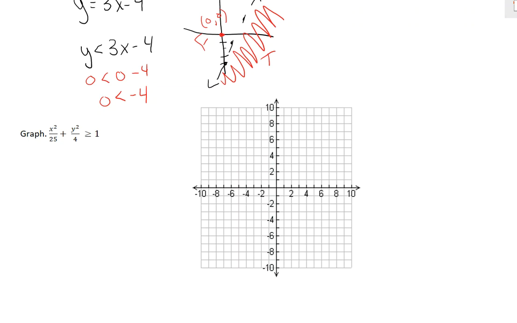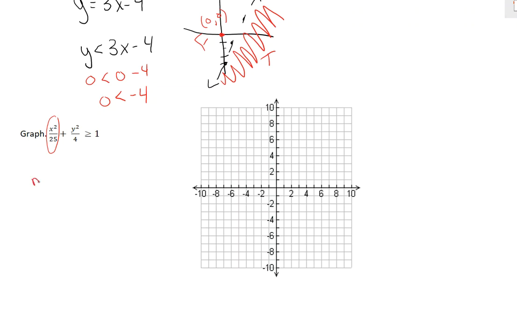You can tell by the equation that this is going to be an ellipse. We know this because both the x and the y are squared, and you can see that the denominators are not equal. Now this will be a horizontal ellipse because the bigger number is underneath the x.